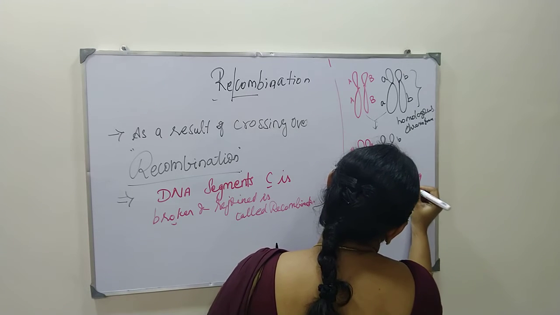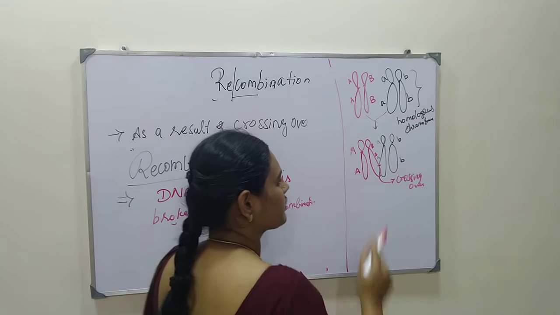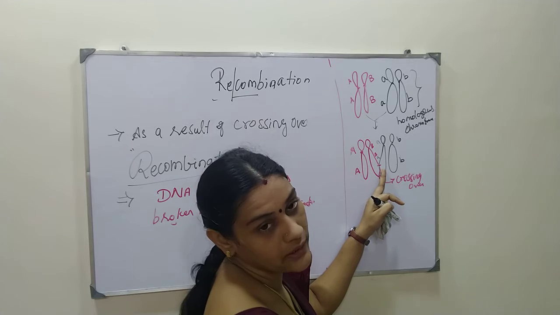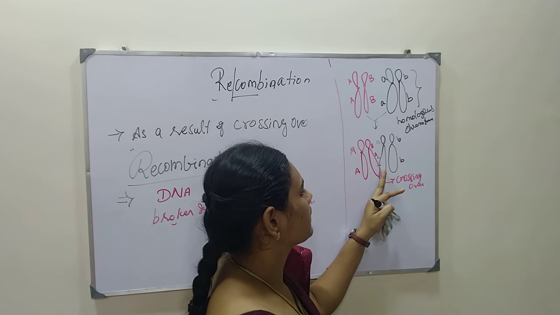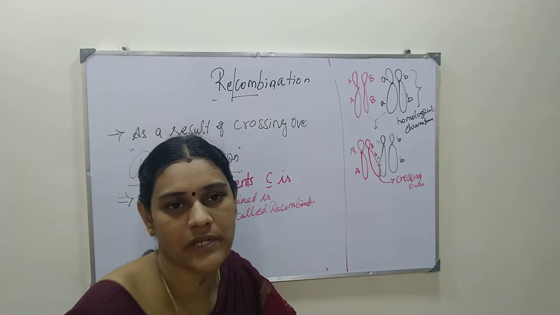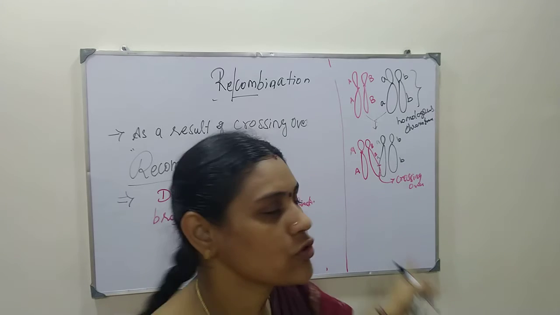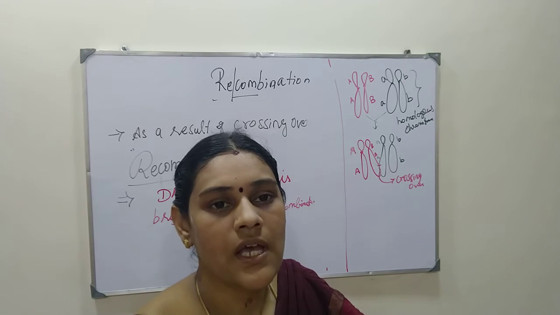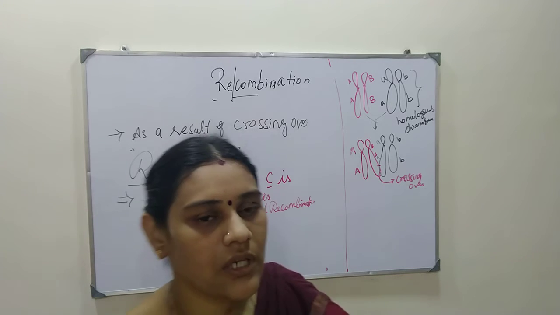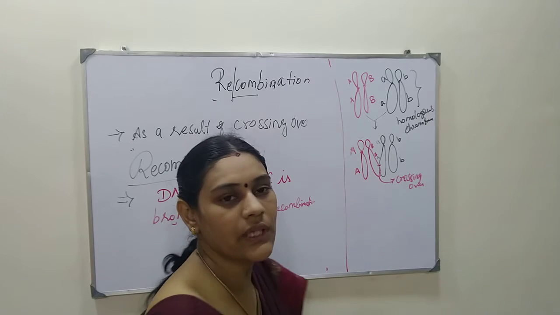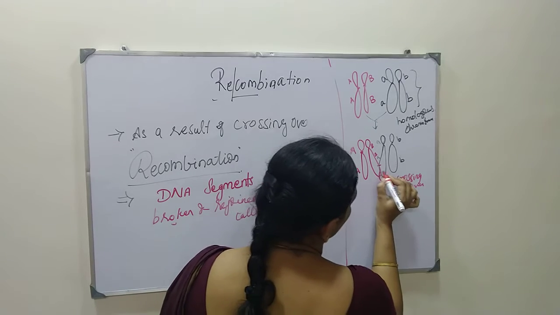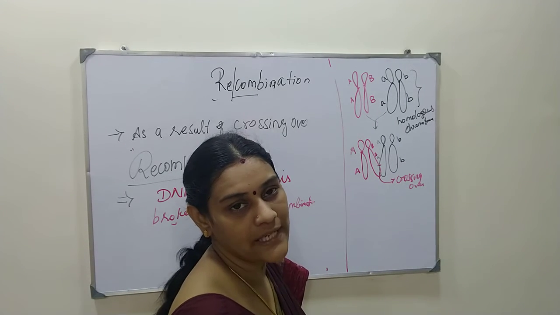The chromatids that interact or come close together are non-sister chromatids. What are sister chromatids? Chromatids present in the same chromosome are sister chromatids. Chromatids present in the adjacent chromosome are non-sister chromatids. Crossing over takes place between the non-sister chromatids, so it is called recombination. Here the combining of two different sources is called recombination.